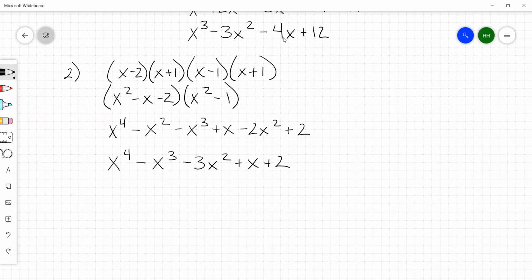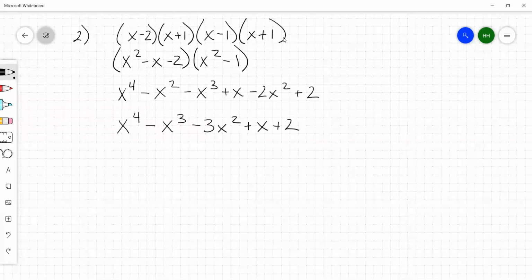All right, number 1 on the short answer asks you to classify by degree. If I remember correctly, by degree is by the highest value of the exponents.